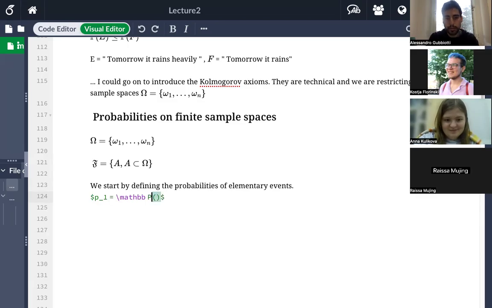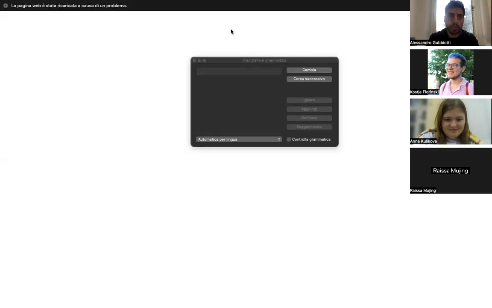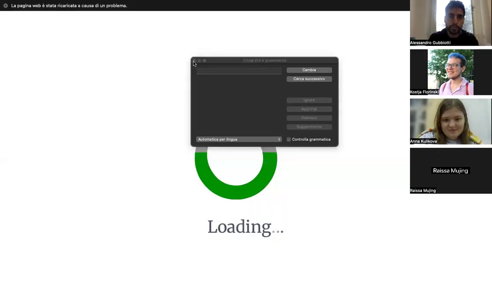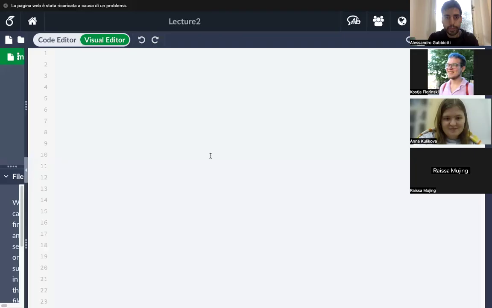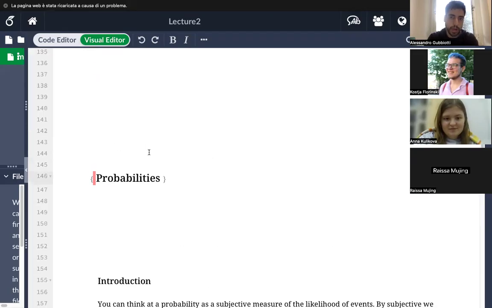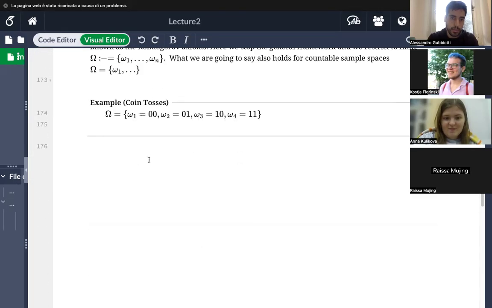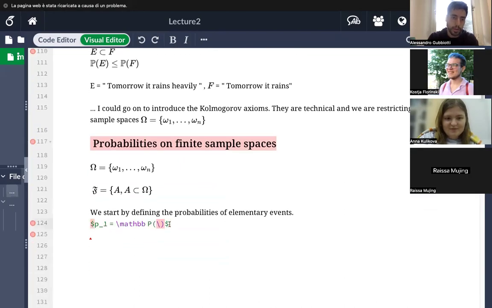P1, which is the probability of omega 1 happening, and so on.